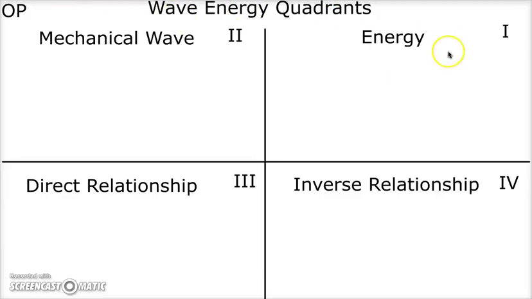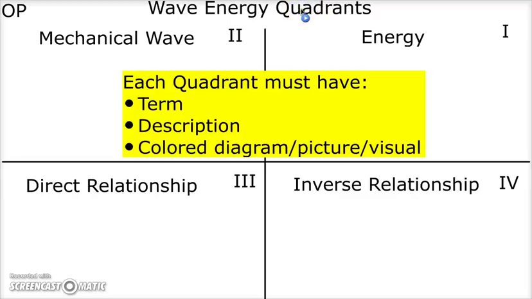Quadrant 1 will be titled Energy, Quadrant 2 Mechanical Wave, 3 Direct Relationship, and Quadrant 4 is Inverse Relationship. Remember that when you're doing quadrants, each quadrant must have the term, a detailed description of the word, and a colored diagram, picture, or some kind of visual to show us what that term actually means. If you need additional instructions on how to do quadrants, please see OP6 in your science notebook.